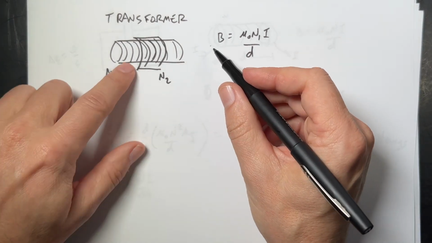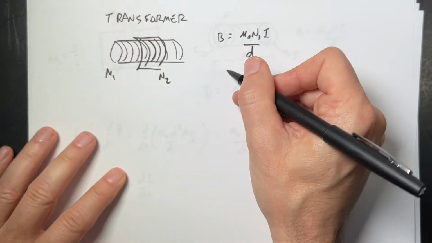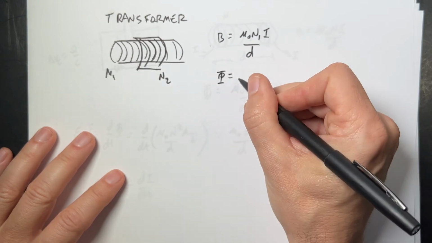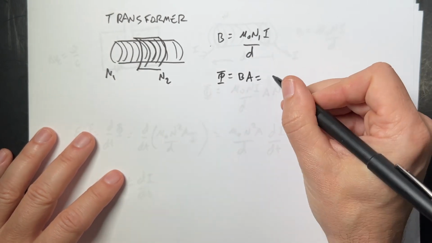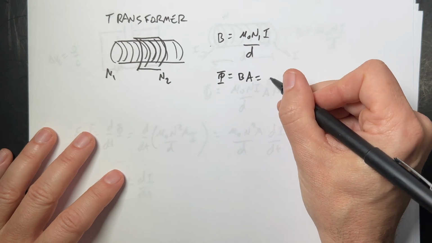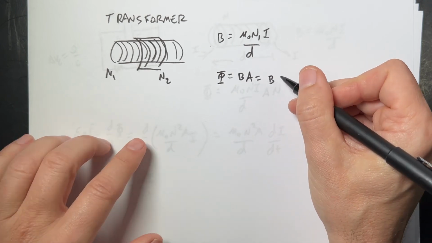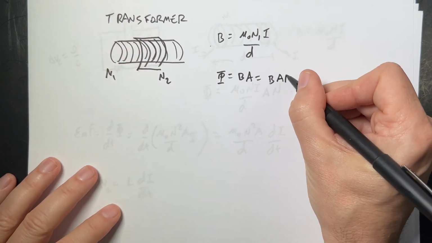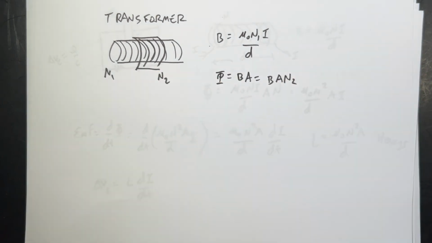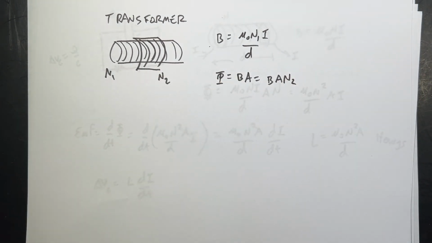And the flux is going to be in this outer loop. The flux is B times A, which is equal to B times the area of one loop, I'll just call that A, times N2, where every loop has its own flux.